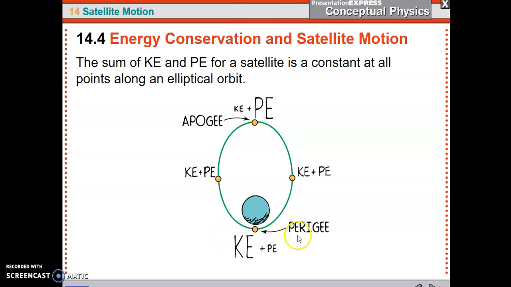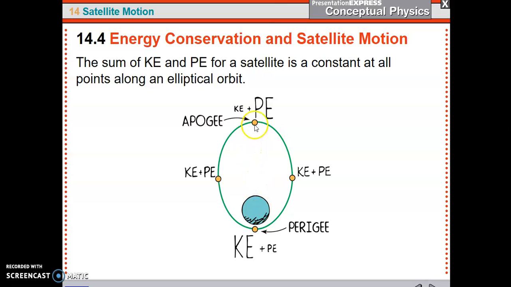So let's get to the picture. Here we go. The perigee is where it's the closest to the center of the Earth, and the apogee is where it's furthest. So we've seen this in our labs along the way. Right here at the perigee is where it's moving the fastest. So the fastest means the kinetic energy is the biggest and the potential energy is the smallest because the height from the center of the satellite to the center of the Earth is shorter.